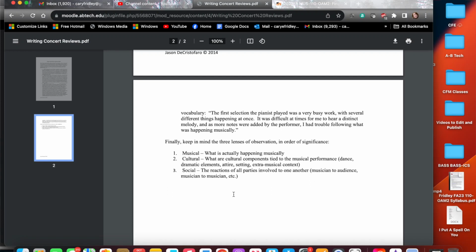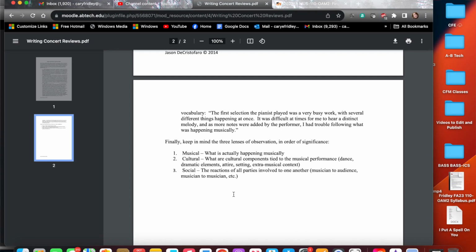For example, the first selection the pianist played was a very busy work with several different things happening at once. It was difficult at times for me to hear a distinct melody, and as more notes were added by the performer, I had trouble following what was happening musically.